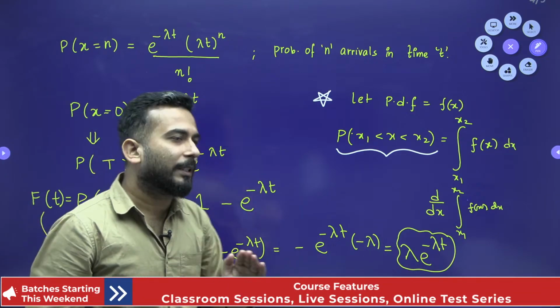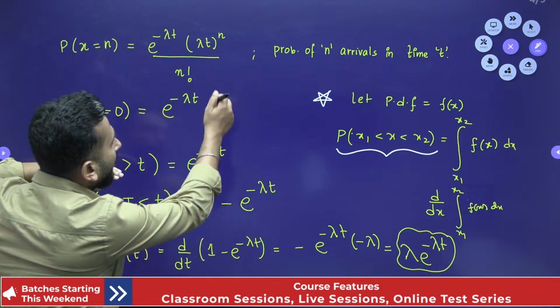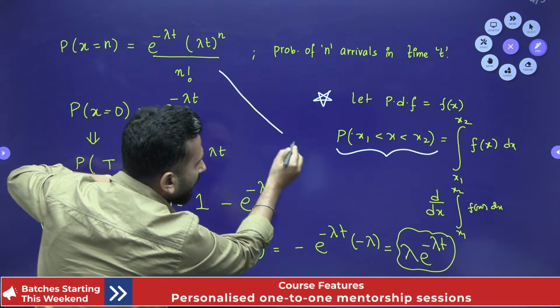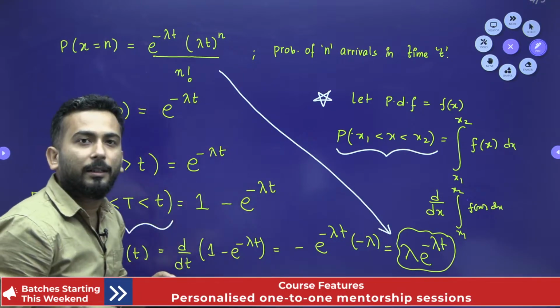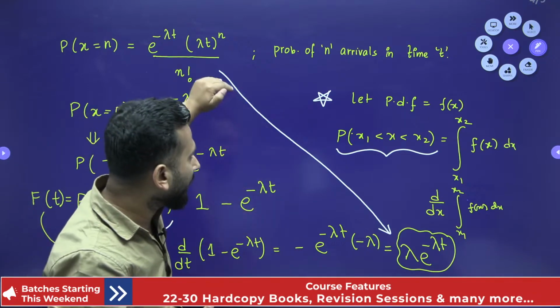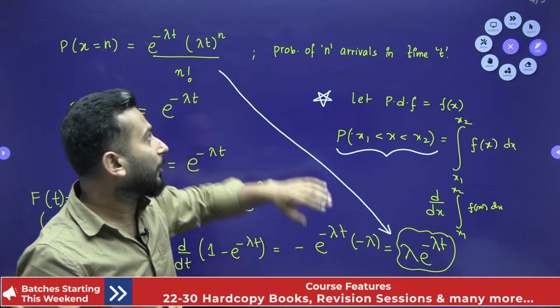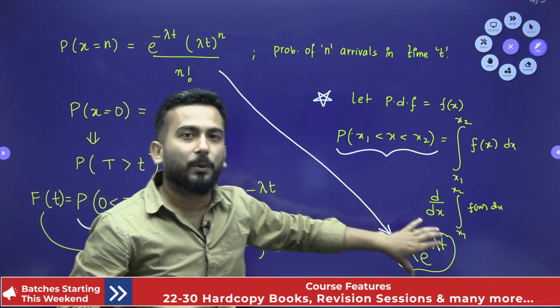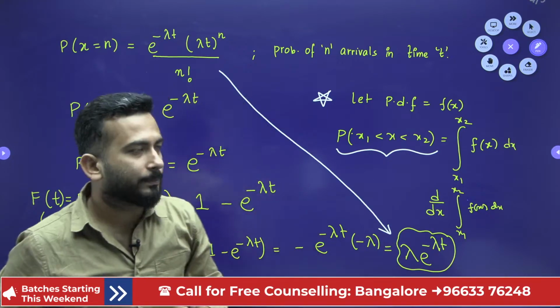And see, my dear friends, I started in Poisson's and I have reached your exponential distribution. So this is the bridge that we have taken that connects you from a discrete function to a continuous function. Sounds surprising, but see, this is the thing.